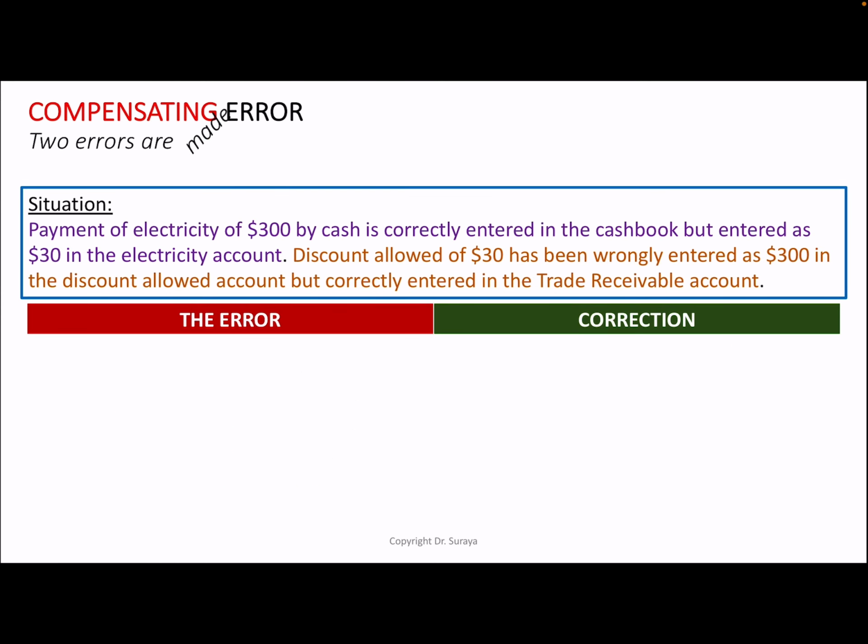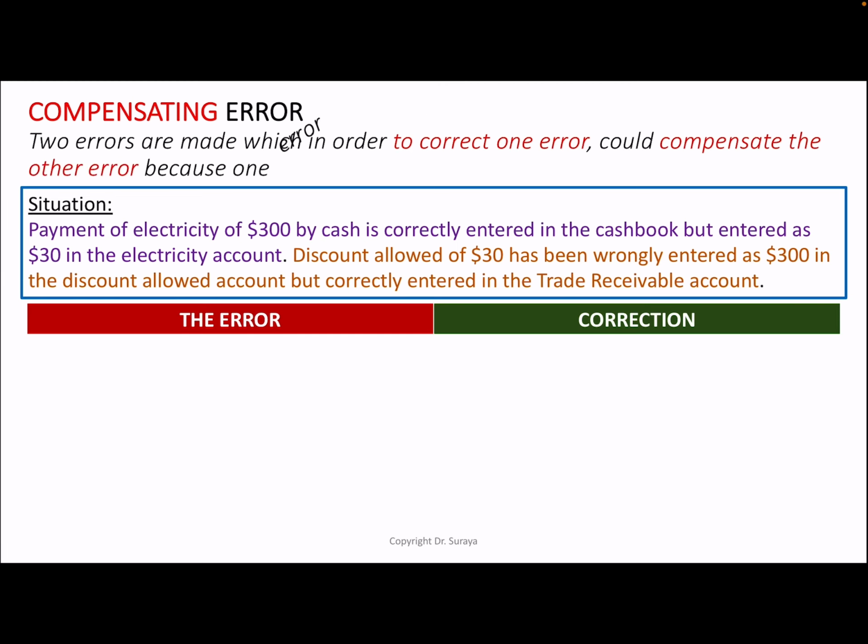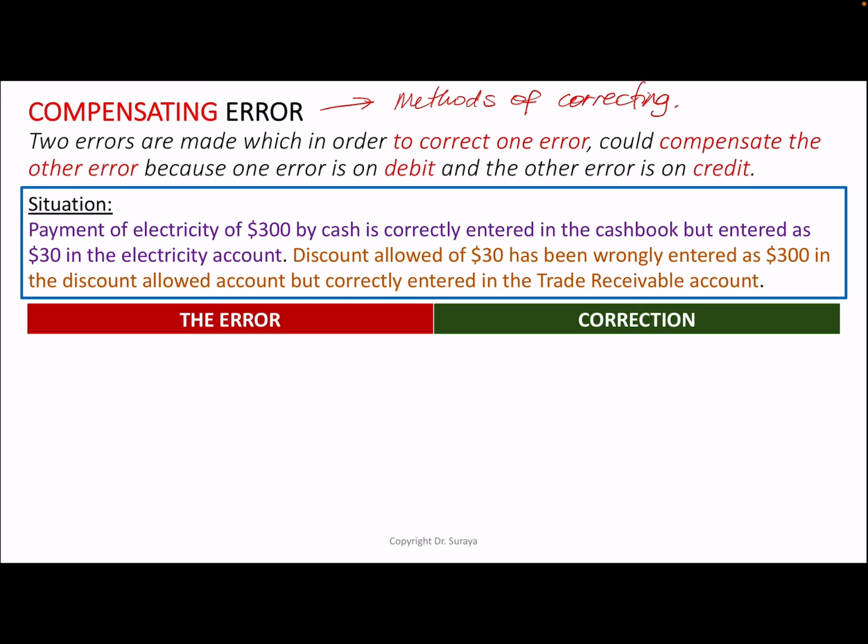Right. Another one is called compensating error. This is not actually a type of error, but more a method of correcting. Compensating error is not actually a type of error by norm. It is actually the method of correcting errors, which are two errors.